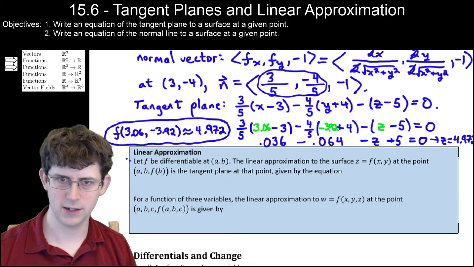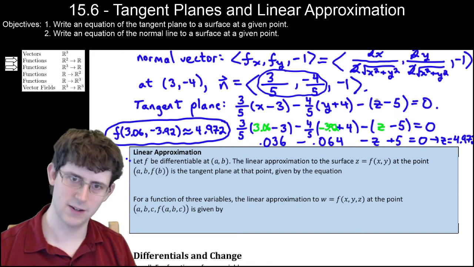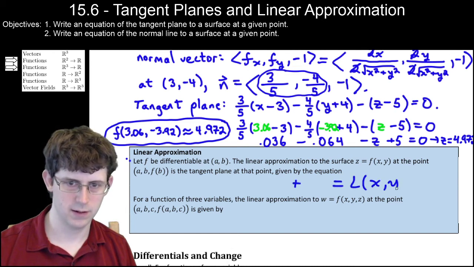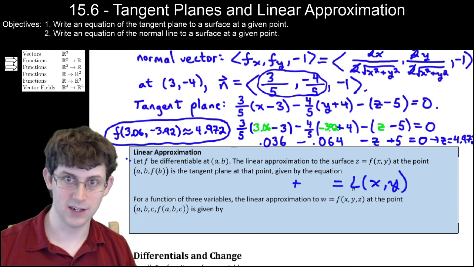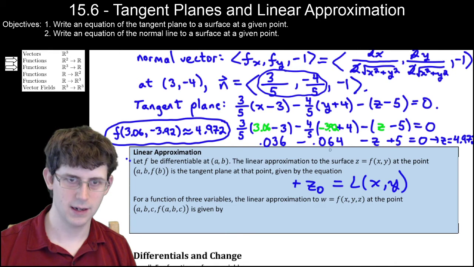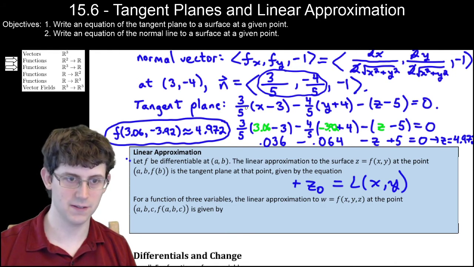Okay, so you move the z minus z0 over to the other side and put the z0 back on the left side. So we'll have, let's call it L for the linear approximation, and you're going to have the z0 here. And then the rest of this is what we saw above, which was the x partial derivative times x minus x0 and the y partial derivative times y minus y0.